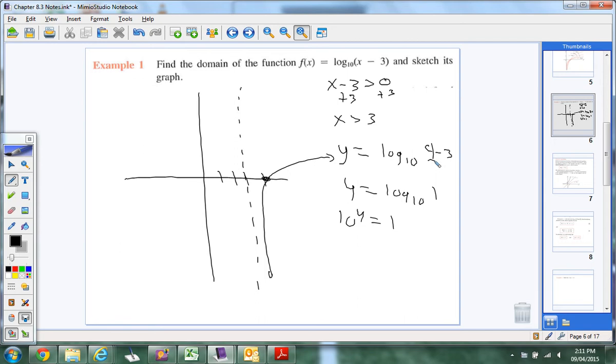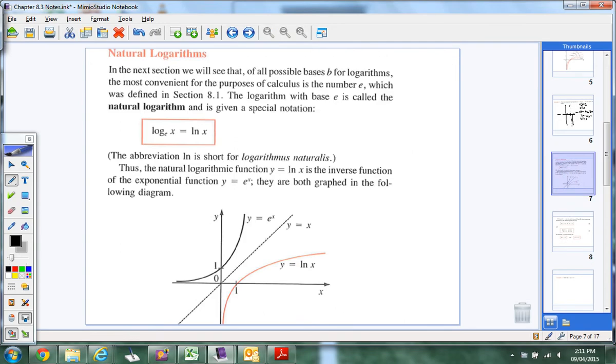Stay with me. Now we're going to throw e into the mix, because you guys talked about ln as well, correct or no? Math 30, no ln's. Okay, ln is simple then. ln is log, but with a base of e, that number we just learned about. Log base e is equivalent to ln of x.